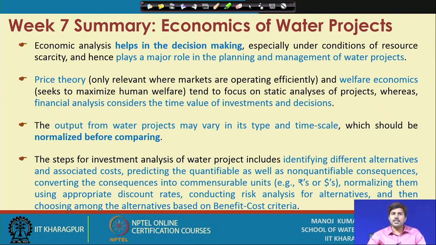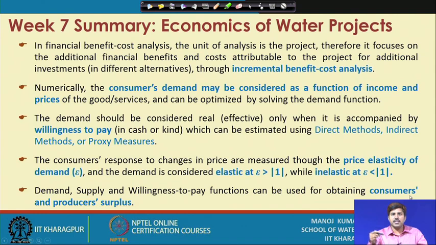Then one needs to predict the quantifiable as well as non quantifiable consequences, convert them into the appropriate units, normalize them for time value of money using appropriate discount rates, conduct risk analysis for alternatives, and then ultimately choose the best among the alternatives which can be obtained from the cost benefit criteria.